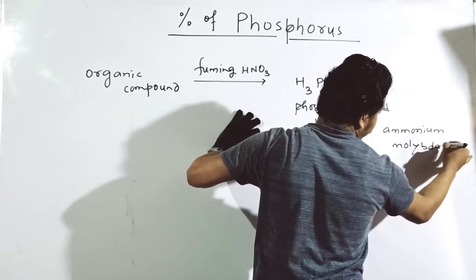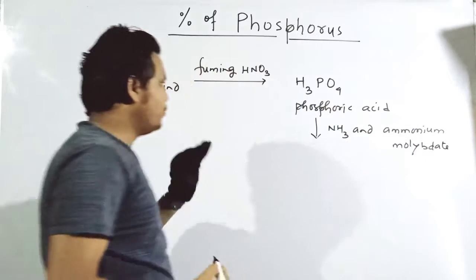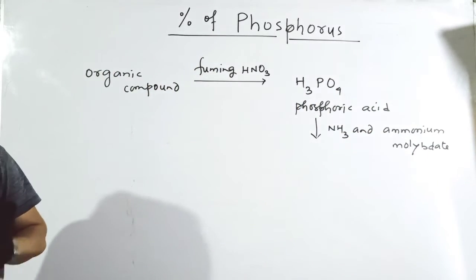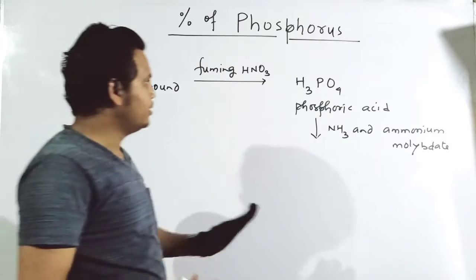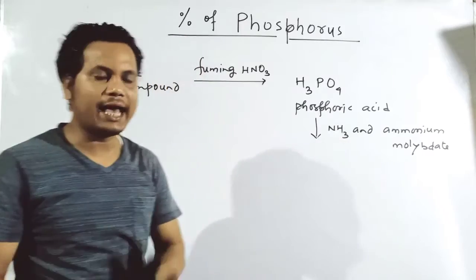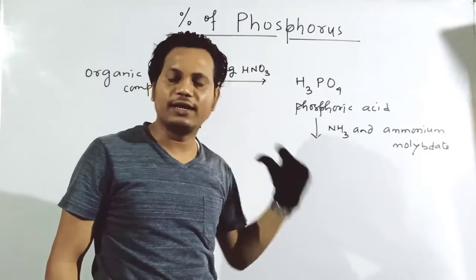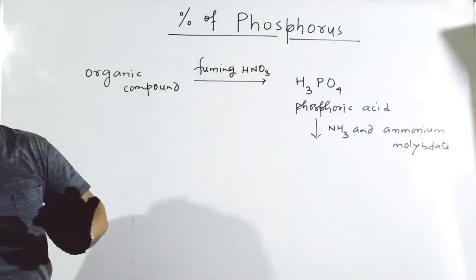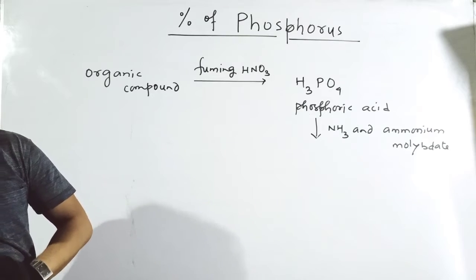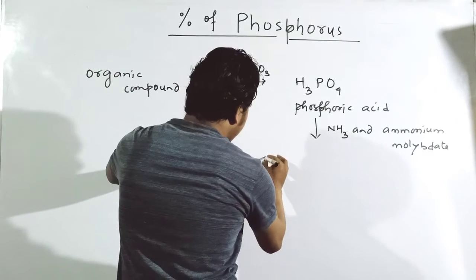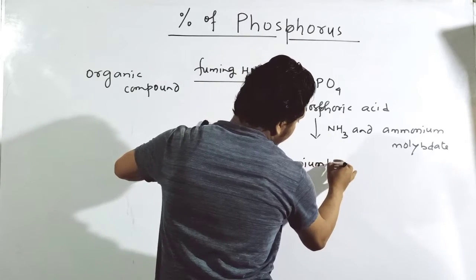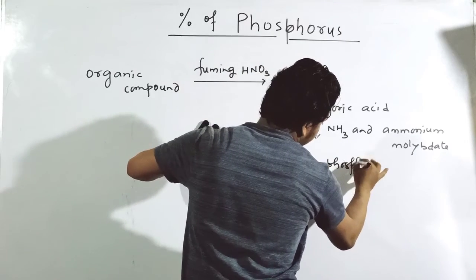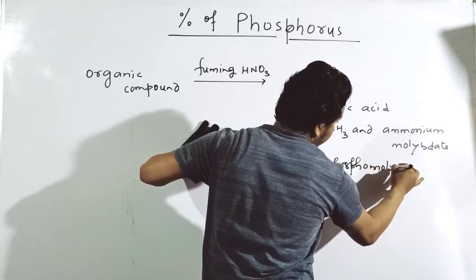If you react phosphoric acid with ammonia and ammonium molybdate, then the phosphoric acid will convert into ammonium phosphomolybdate.